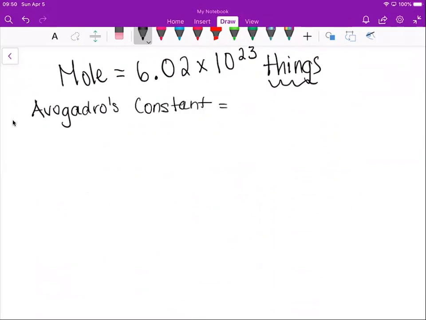Because it's Avogadro's constant, we're going to make the symbol capital N with subscript A. Whenever you see this, this is always 6.02 times 10 to the 23. Now instead of saying things, I'm going to say particles.